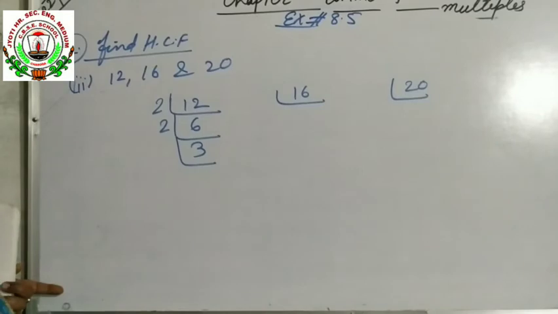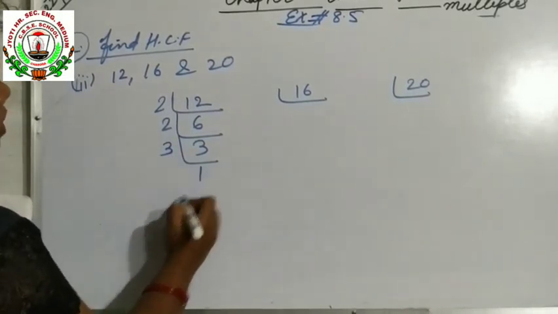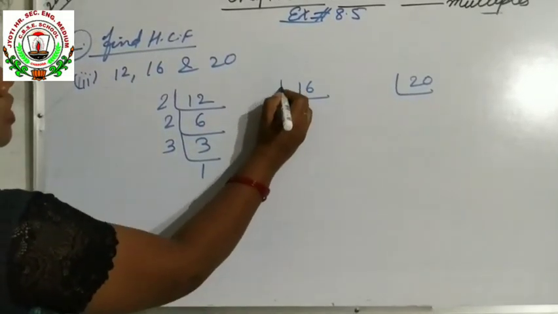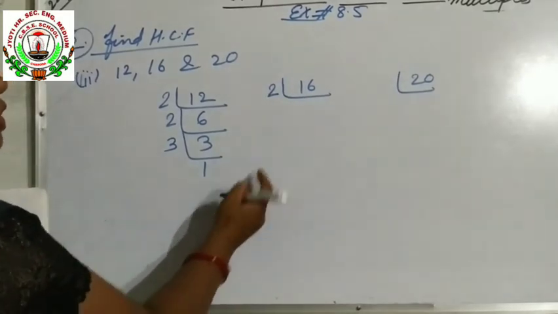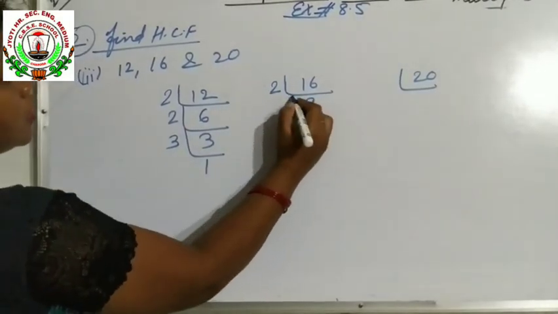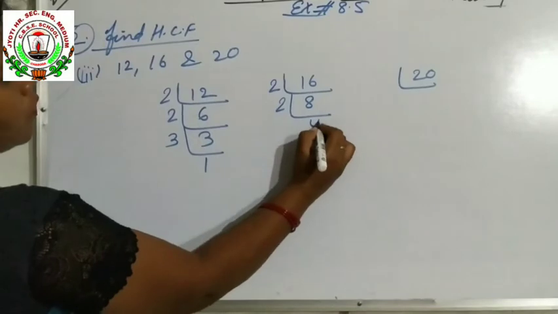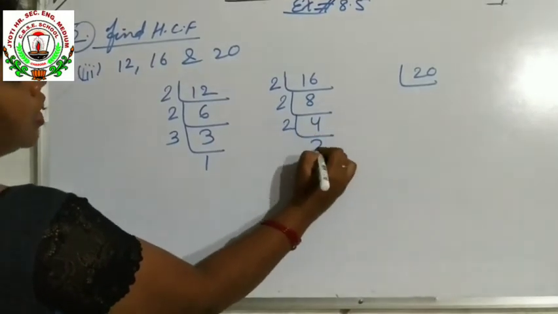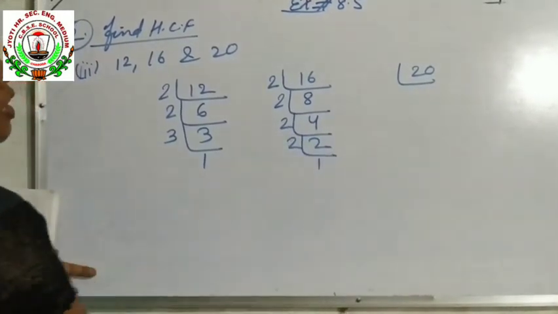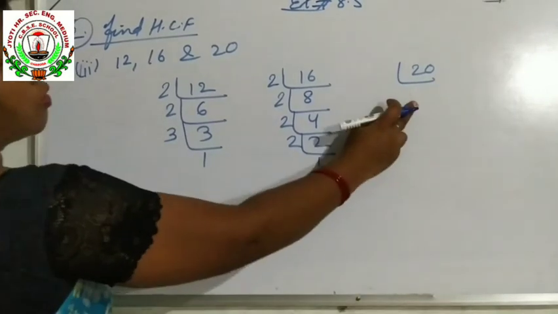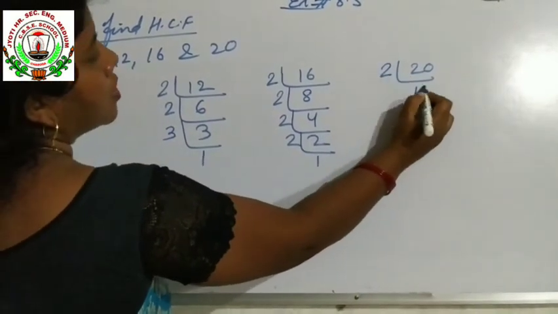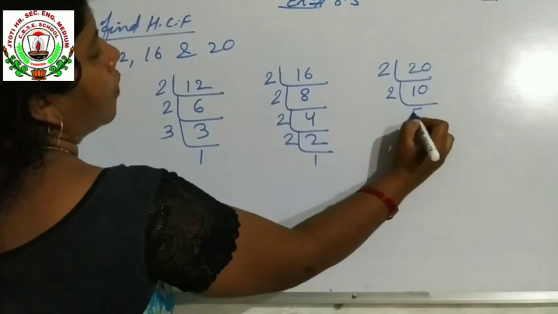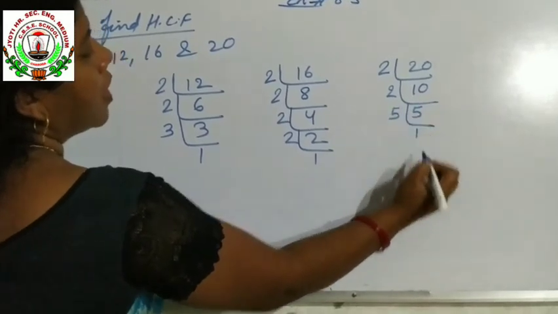Now it is not divisible by 2, so we will take 3. 3 ones are 3. Next number is 16. It is also an even number, so we will take the smallest prime number. 2 eights are 16. Then 2 fours are 8, 2 twos are 4, 2 ones are 2. Understood? 20 is also an even number, so we will take 2. 2 tens are 20. Then 2 fives are 10. Then 5 ones are 5.